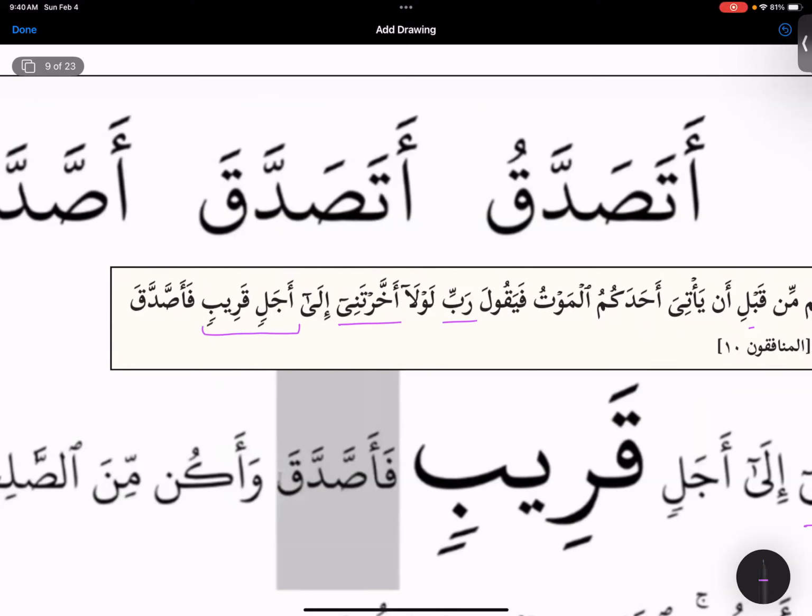And then it says fa'aswaddaqa, right? So basically this is the swaddaqa. What bab and what siga is it? It's family five. We have two shaddas. There is Anna, right? And if we see, this is what?